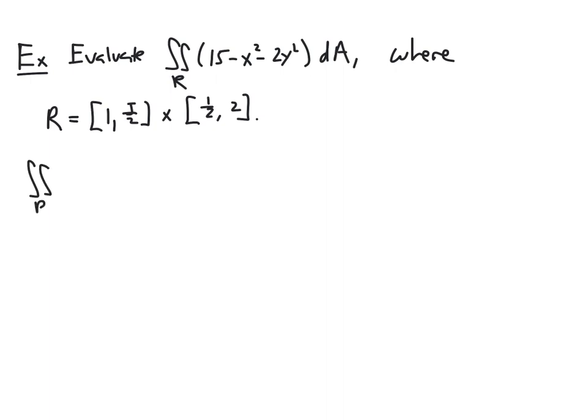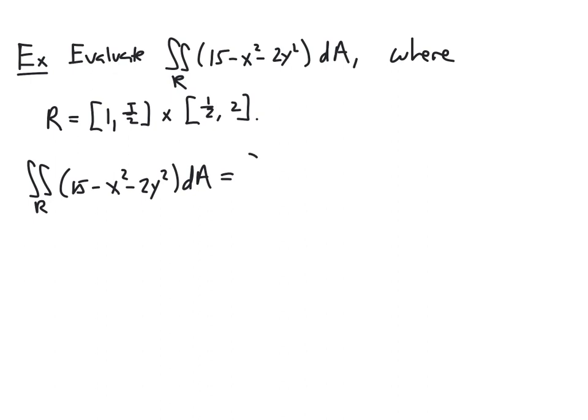So in order to compute my double integral here, Fubini's theorem says we can compute either of those iterated integrals. In some cases, one of the iterated integrals might be a lot easier to compute than the other, but in this case, this function is pretty similar in terms of x and in terms of y. They're both x squared and y squared, and so we can really use either one.